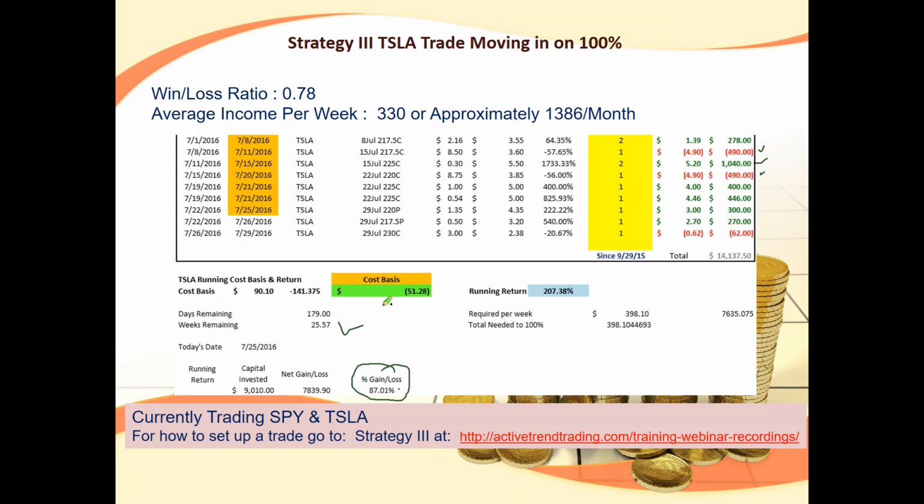I will go out to 2018 and set up the same trade for 2018 and just start running it again with Tesla. As long as Tesla continues to put in the kind of patterns it puts in and maintain its level of premium on weekly options, we'll just keep collecting as we move along.